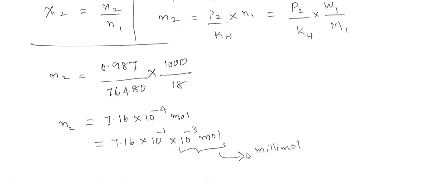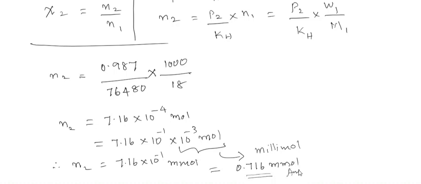Therefore N2, number of moles, is 7.16 into 10 power minus 1 millimole. Do you understand? Or it can be written as 0.716 millimole. Got it? So this is the answer.